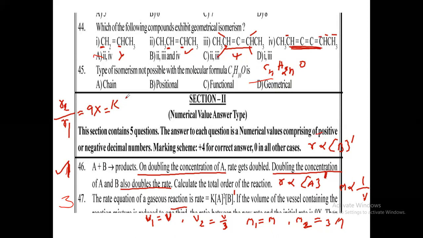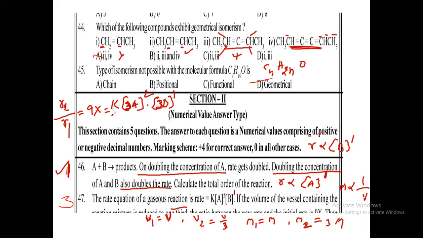K into 3A, the concentration of A becomes triple, to the power of 2. That means 3 square into A square into B. B also becomes triple, so 3B to the power of 1. So 3 power 1 into B power 1.